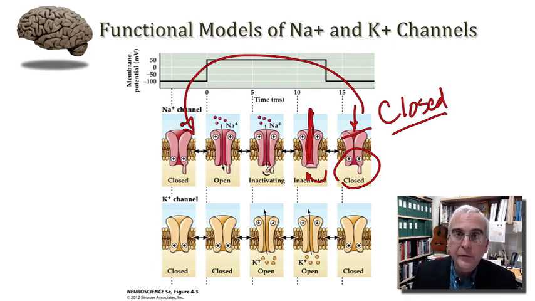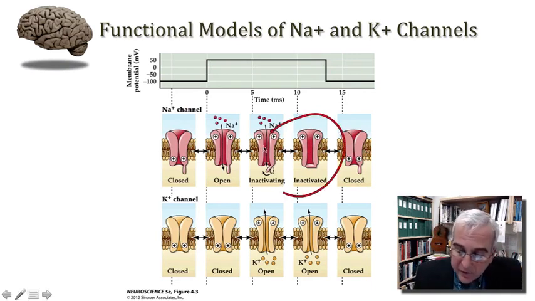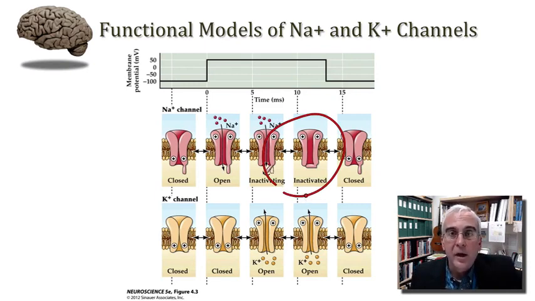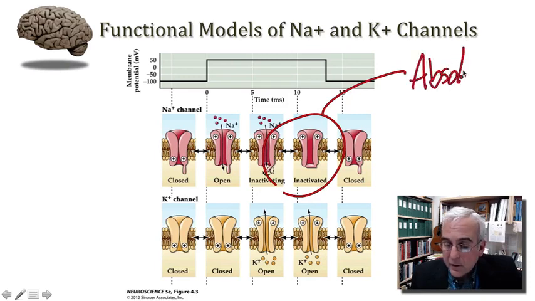So the absolute refractory period of the action potential is defined in terms of the molecular structure of the ion channel itself. When these channels are inactive, they are incapable of passing current. That inactivation is only relieved with hyperpolarization. So this inactivated state is when we have our absolute refractory period.